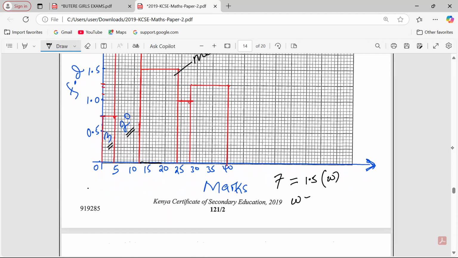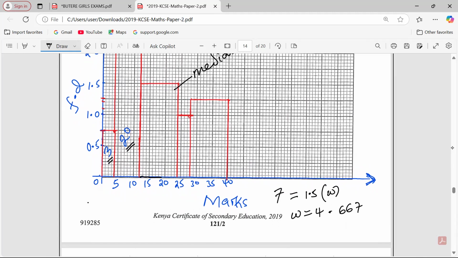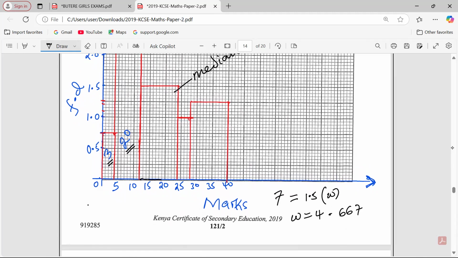So this class width will be given by 7 divided by 1.5, giving us 4.667, where the 6 is recurring. Therefore, with the fixed height of 1.5, we only need a width of 4.667, which will give us 7 students.